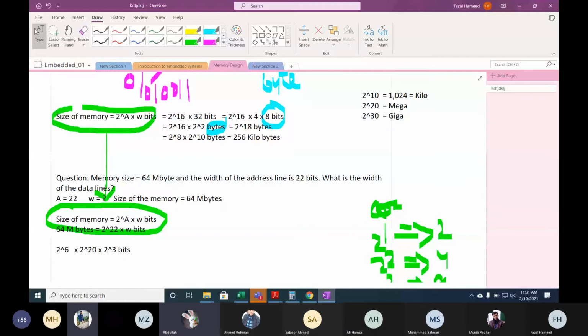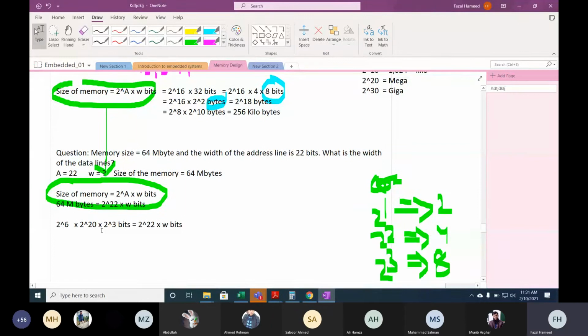So this is equal to 2 to the power 6 cross 2 raised to the power 20 cross 2 to the power 3 bits is equal to 2 to the power 22 cross W bits. Okay, now the units on both sides are the same. So now this will cancel out.